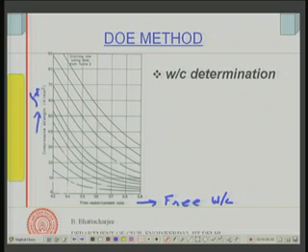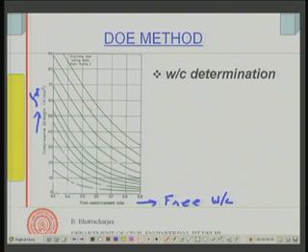Now, each curve corresponds to a particular concrete, that means aggregate, cement, all put together. Each curve represents a particular concrete, not just cement alone, because strength of concrete is a function of water cement ratio when all other things remain constant.